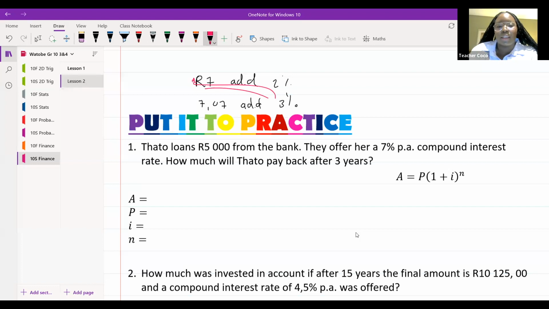They're going to add that 3% onto this new amount, which actually means they're adding interest on top of the interest from the year before. So there's interest on top of interest. So it's definitely compound.